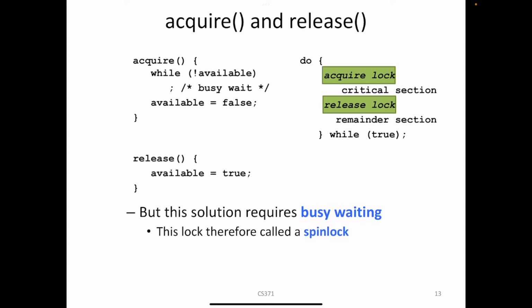But on the other hand, since P2 is stuck in the empty while loop, it will continuously execute inside the CPU and waste CPU resources because P2 did not make any meaningful progress. It is just busy waiting there. So before you use a mutex lock, you need to think about this trade-off carefully.